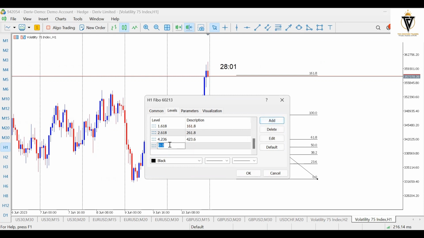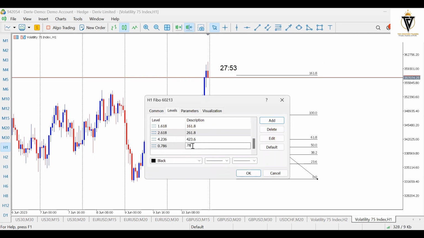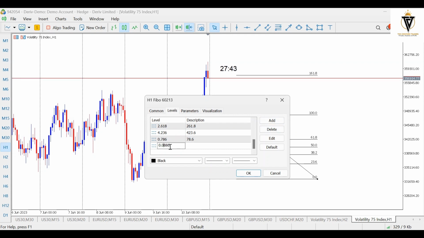One of the levels is 0.786, which is equal to 78.6, and then 0.886, right, which is equal to 88.6.